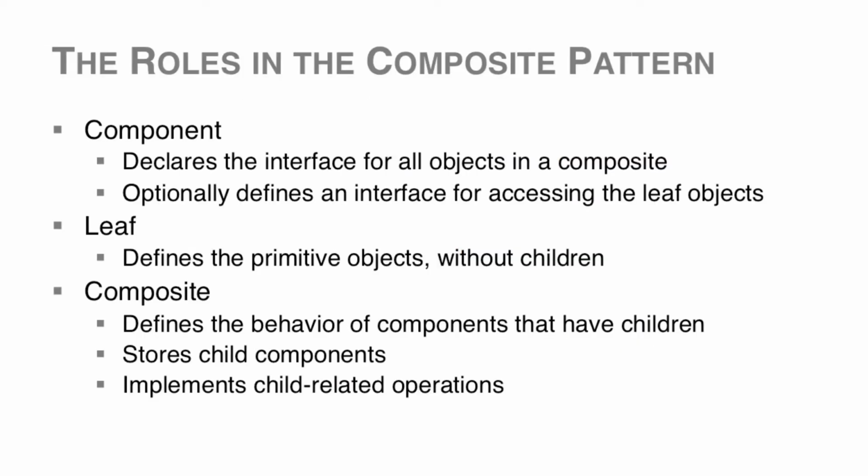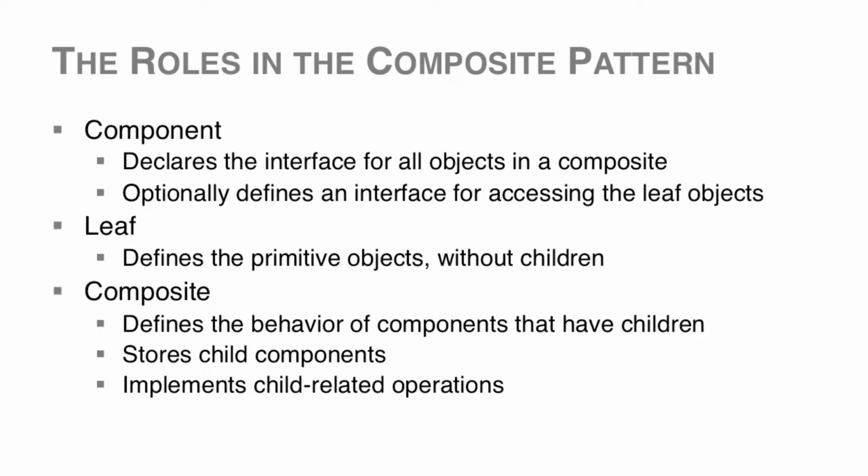So in the composite pattern, we have three roles. We have the component, the leaf, and the composite. The component is the common abstraction that we found between the leaf and the composite. That is often implemented as an interface in Java, but it could be a base class also. The main idea here is that the clients can operate on leaves and composites in the same way. In other words, they have some common interface.